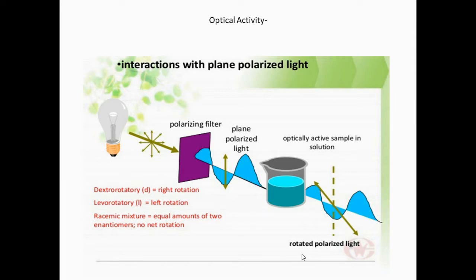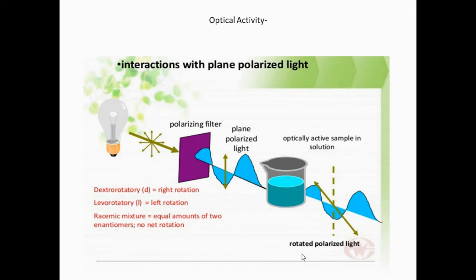In order to consider the details of optical isomerism, we should have basic knowledge about some important terms related to it. The first one is optical activity and elements of symmetry. Here I am discussing optical activity. What is optical activity?